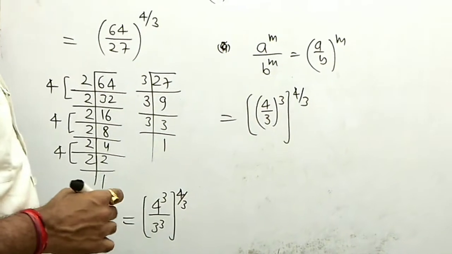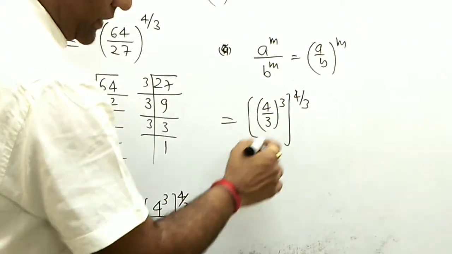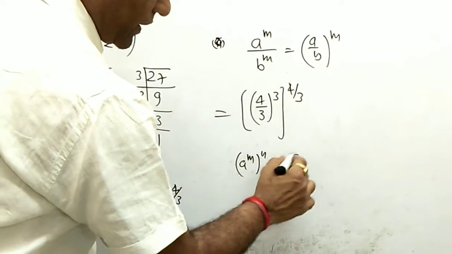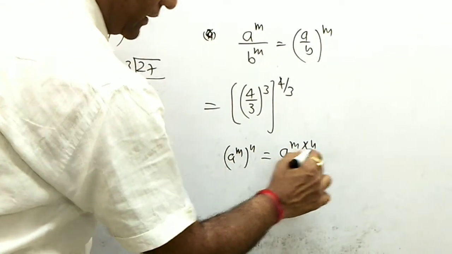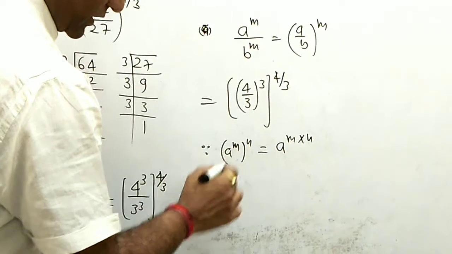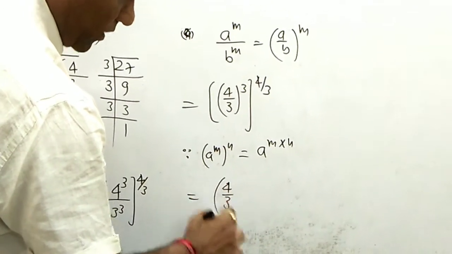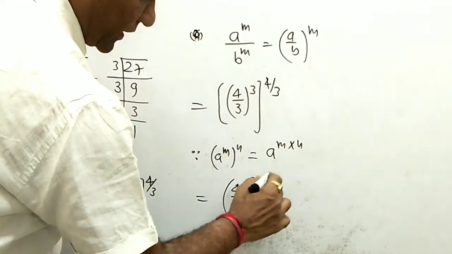Again, we know that if power to power is given, then we use the rule (a to the power m) to the power n is a to the power m into n. Since here it is the third time you use the law, then 4 by 3 whole to the power 3 into 4 by 3.